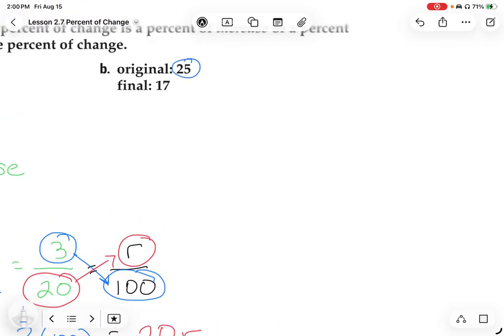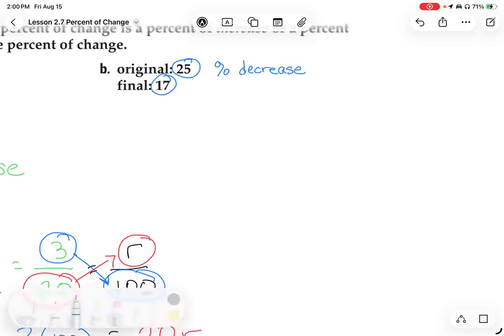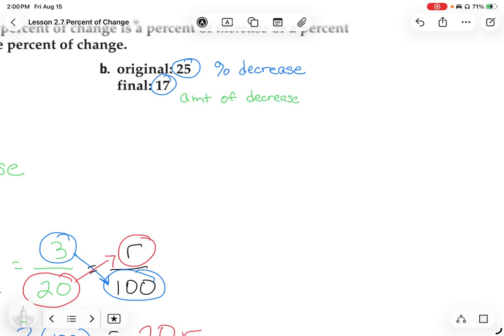The original is 25 and the final is 17, and this is a percent decrease. And the amount of the decrease is going to be 8. Because our final was 17.